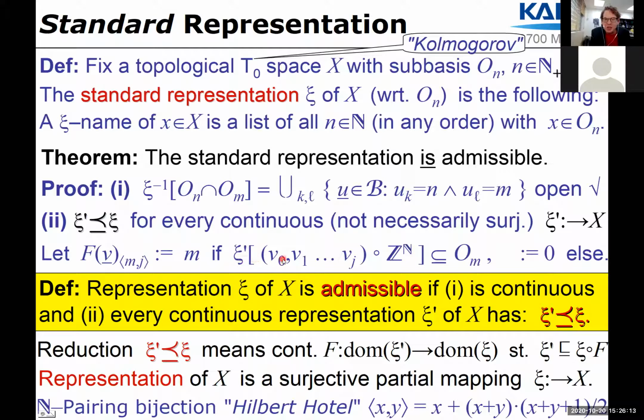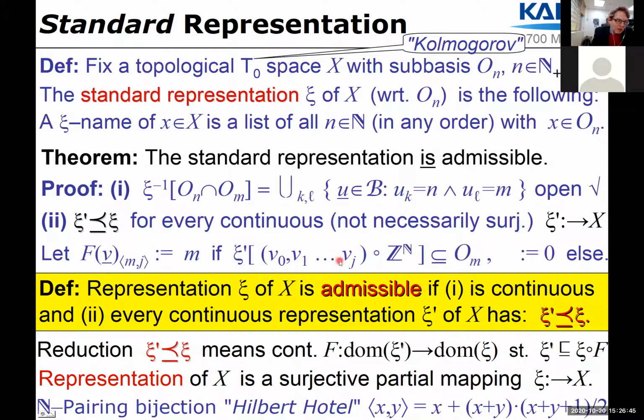Xi prime of V is some element in the space X, V being a name of this element. And if this element X belongs to OM, the open subbase set, then M must occur somewhere at least once, in any order with repetition, in the output list, if and only if the element X belongs to OM.